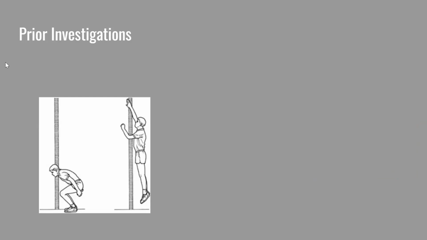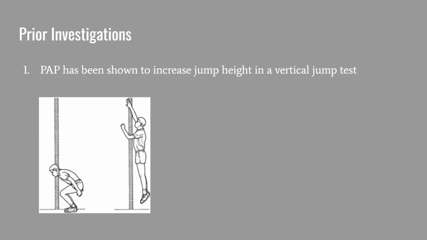All right, so next we'll go over some prior investigations, which basically is what we looked at from the current research and literature on these topics that we have now defined. And so first we'll start with PAP. The main consensus is that it has been shown to increase jump height in vertical jump tests when compared to not doing a loaded exercise before the actual jump test.